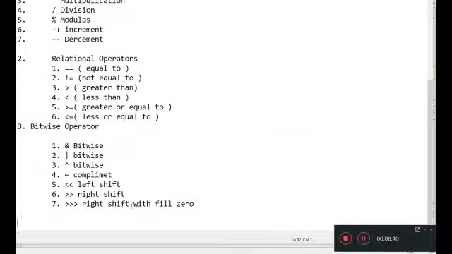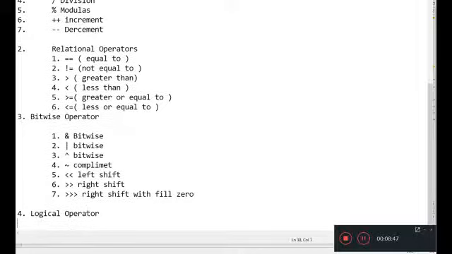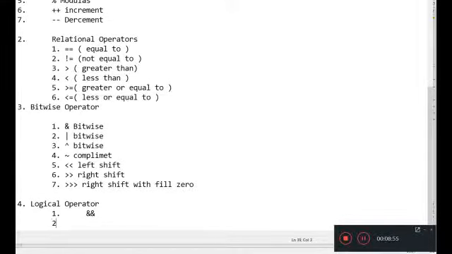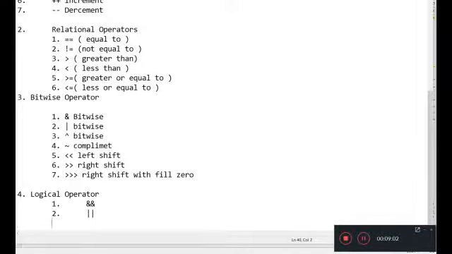Similarly, the fourth category which we are going to take today is the logical operators. Logical operators are the AND operator, second the OR operator, third the NOT operator. You might have already taken these. With AND, both conditions must be true.